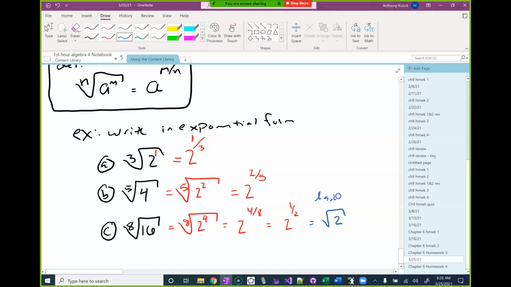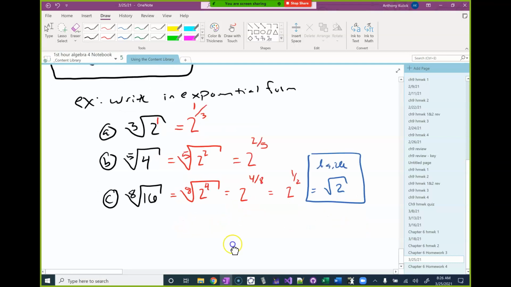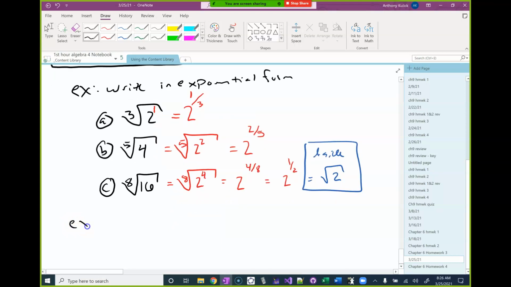What if we want to go backwards and go from exponential form and write as a radical this time? So let's say we have 7 to the 3/5. So the denominator of our exponent is the index for our radical. So we have a 5th root.